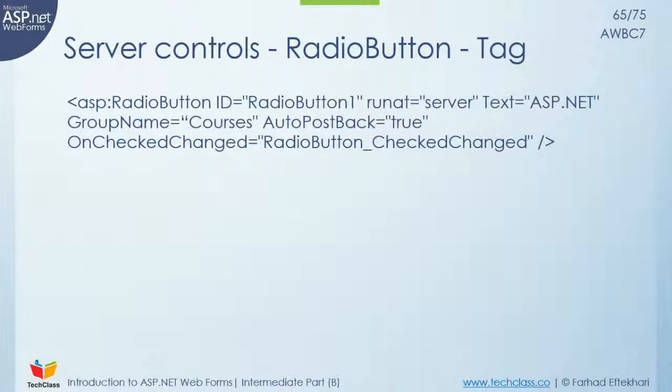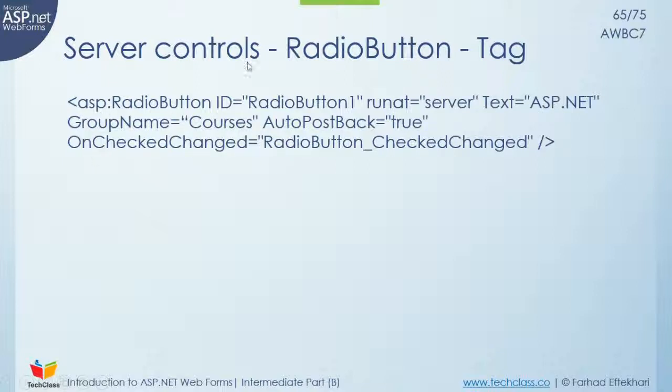And here is the tag that we can use if we want to place a radio button inside of our web form. The type is radio button, ID, runat server, and the text we want to show to the user.